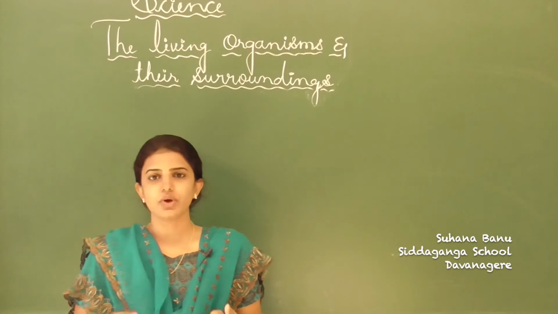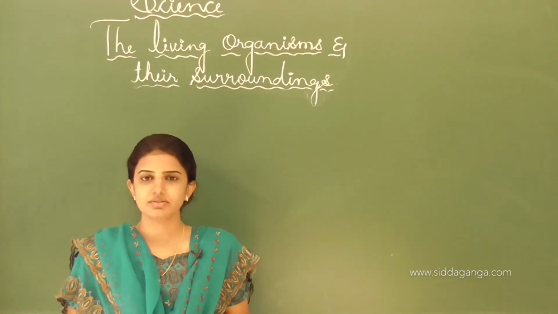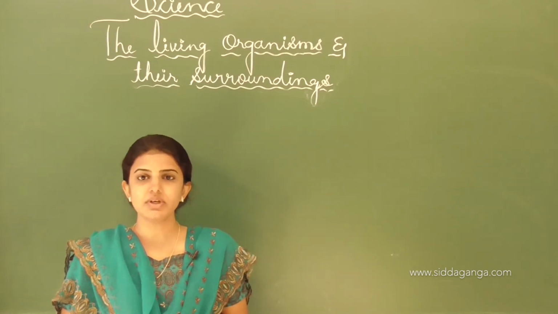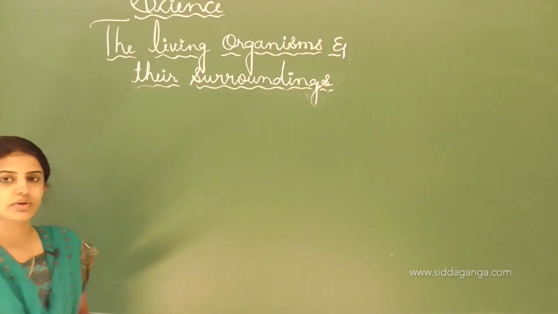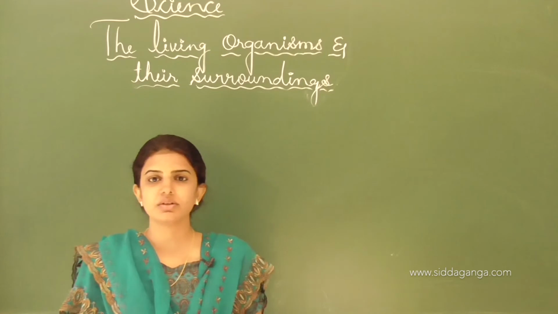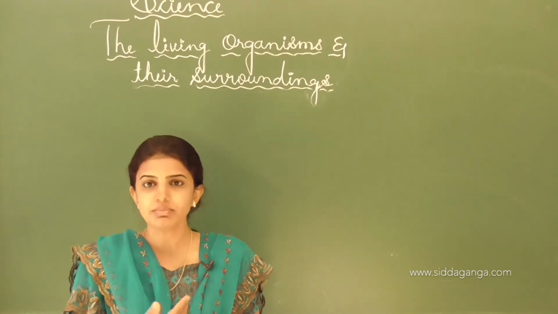Hello my dear students, we have been discussing the chapter, the living organisms and their surroundings. In the previous class we learned about the different types of habitat and also adaptation. Adaptation includes the camel as well as the fishes, as I told in the previous class.